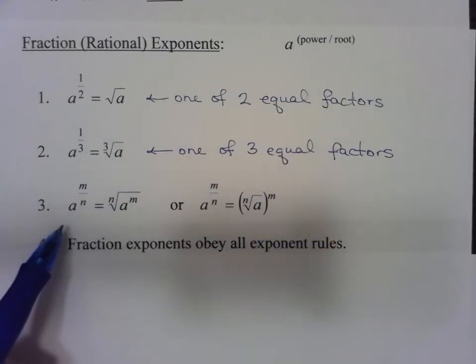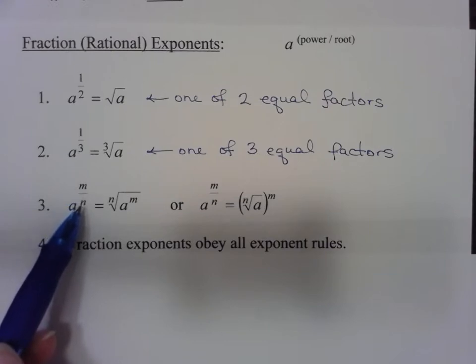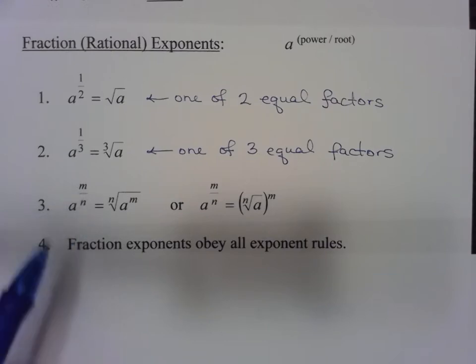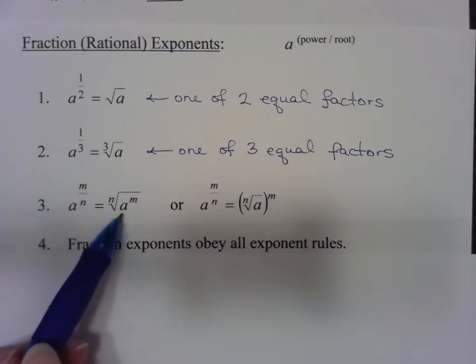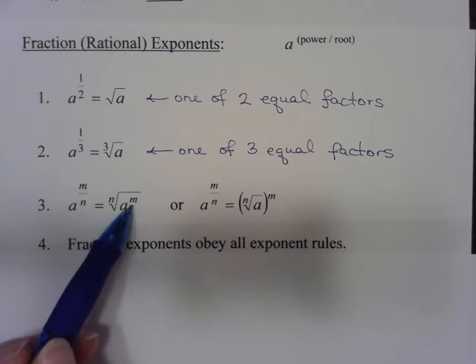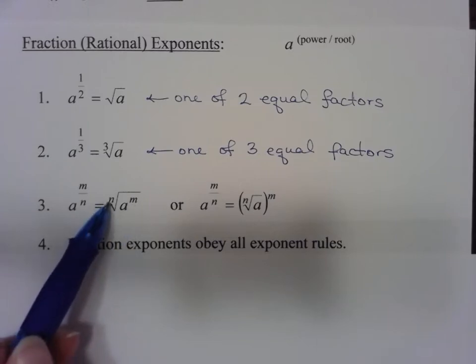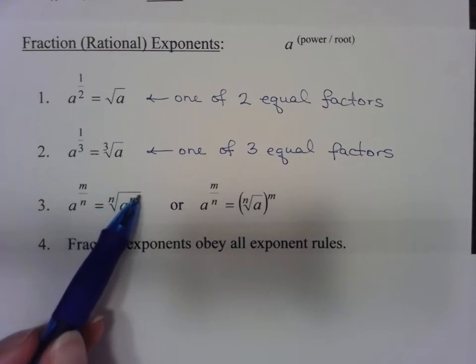So there's a couple of ways we can write this. We'll be really general here and say m over n. So the m is in the top of the fraction, that's going to be a power, so let's say a to the m. And then I apply the nth root. The bottom of that fraction is a root.